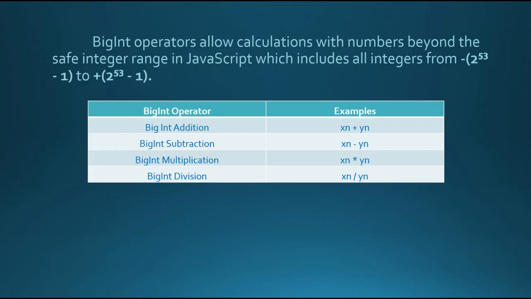It is essential for handling large-scale calculations, such as high-precision financial data or unique IDs. BigInt can either be created by appending n to an integer, for example 10n, or calling the BigInt() function.